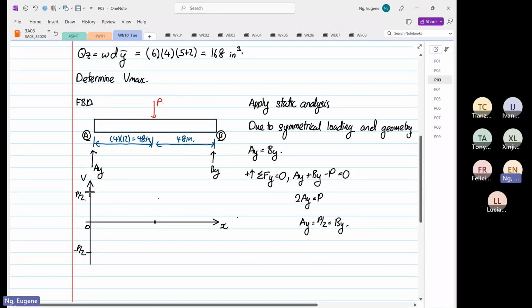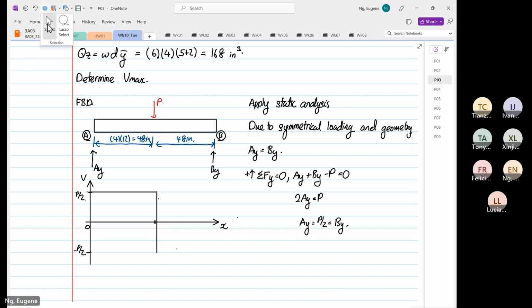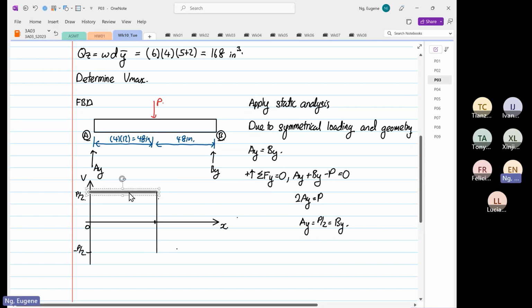So you have a horizontal line coming over, then you have a vertical line coming down. So P over 2 at point A for a long while. And then you have the magnitude of P coming down. And then finally, you have minus P over 2 from here to here.